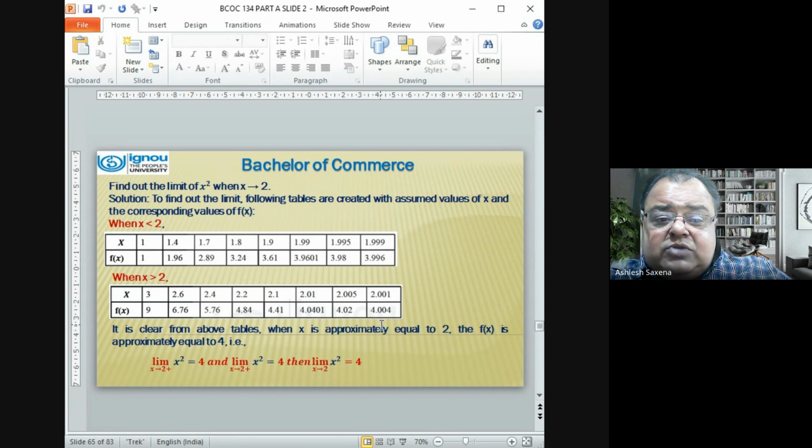That means these two values are almost equal. We can say that for limit x tends to 2 plus, x square, the value is 4, and for limit x tends to 2 negative, x square is 4. That means that limit x tends to 2 of x square is 4. This is what limit calculation is all about.